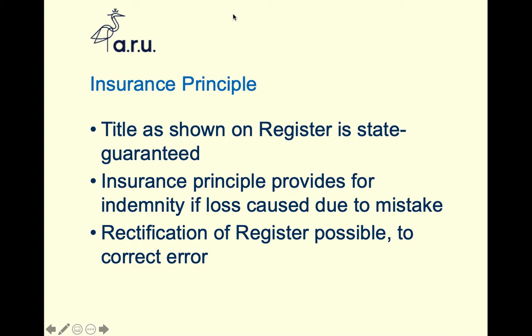So that insurance principle is the state guarantee to the new purchaser or the lender that they will hold an accurate representation of the land, and if there's any error on their part, they will fix it and put it right.